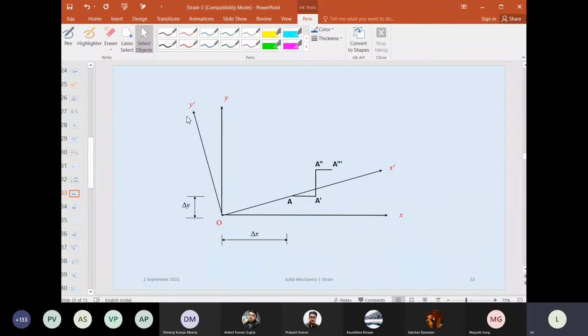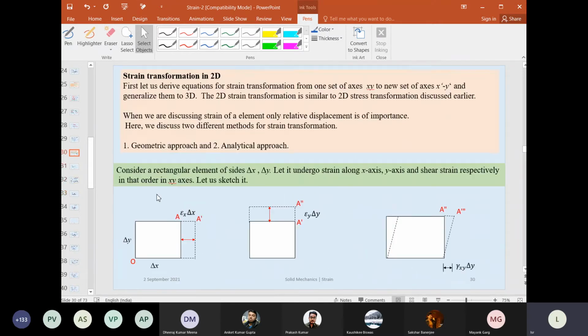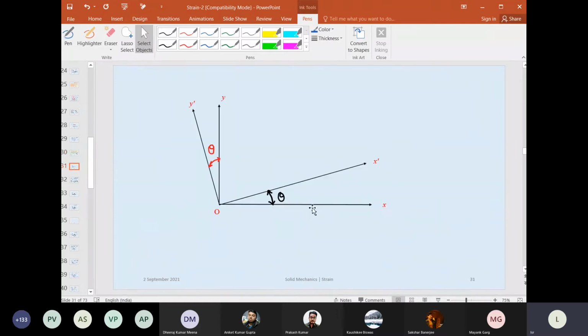I will have the same original xy coordinate. Now this is y dash, this is x dash, and point A has total length delta x, delta y, because if the origin is 0, 0, then A is at delta x, delta y from the origin.